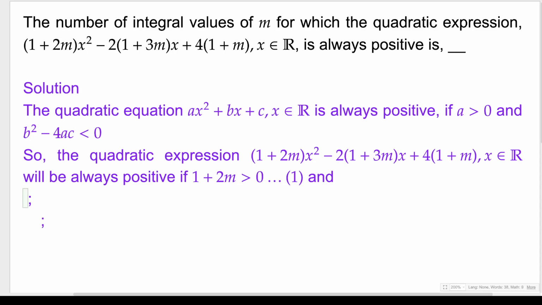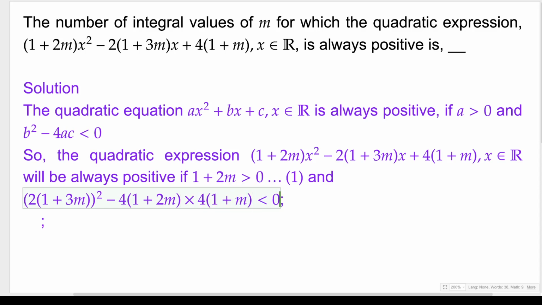So the discriminant is computed as the coefficient of x, entirely squared, b² − 4ac. The value of a is 1 + 2m, so 4 times a, and the value of c is 4 times (1 + m). This has to be strictly less than 0, and let's call this equation 2.